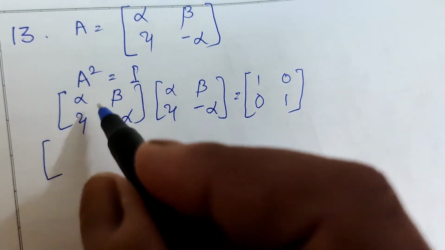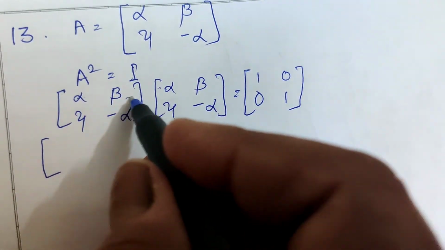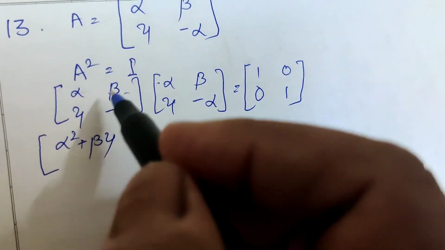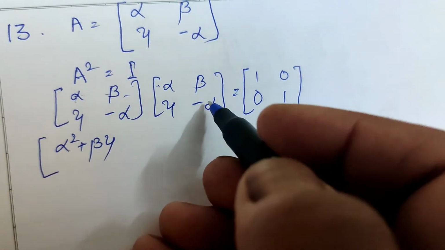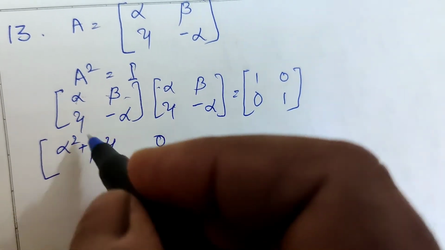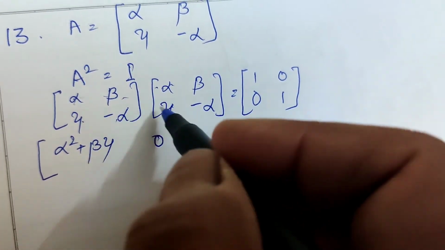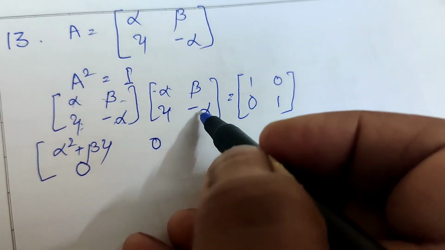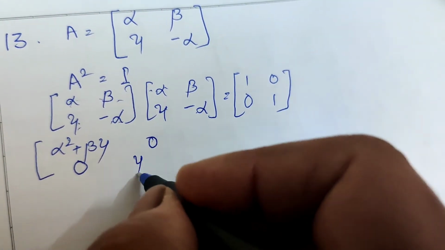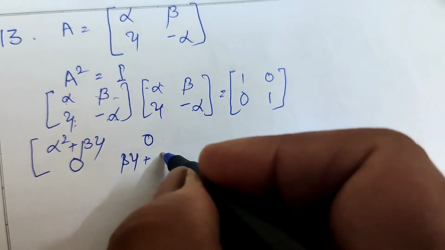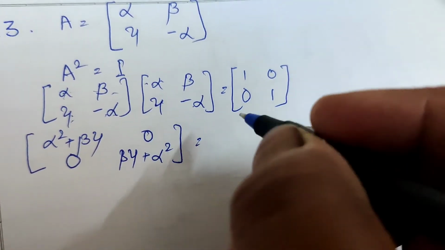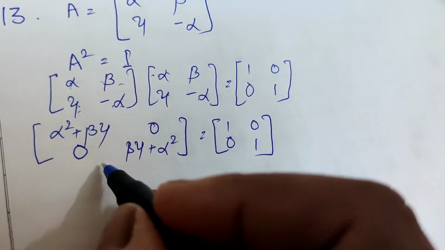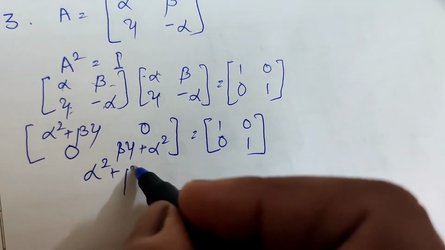Now product: alpha into alpha, alpha square plus beta gamma, and the second alpha beta minus alpha beta 0, gamma alpha minus alpha gamma 0 and gamma beta plus alpha square, beta gamma plus alpha square equal to 1 0 0 1. It means alpha square plus beta gamma equal to 1.